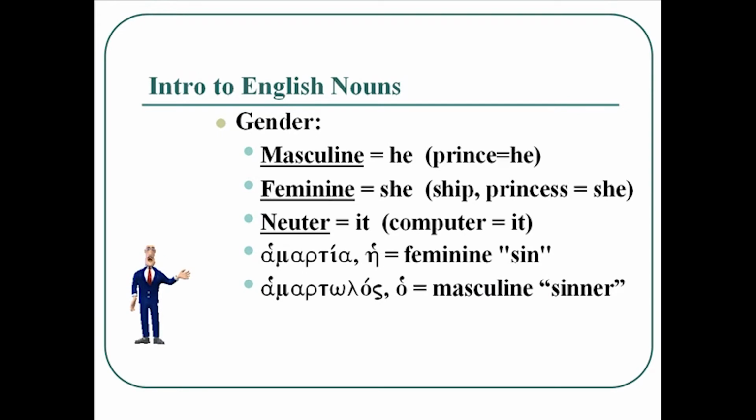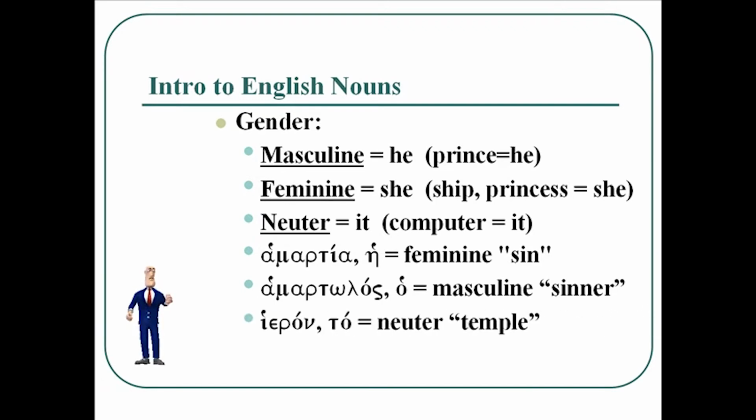You'll see hamartalas is followed by a ha, which indicates that this sinner is a masculine form of the second declension noun. Hieron has a to after it, which indicates that it is neuter, referring to the temple.